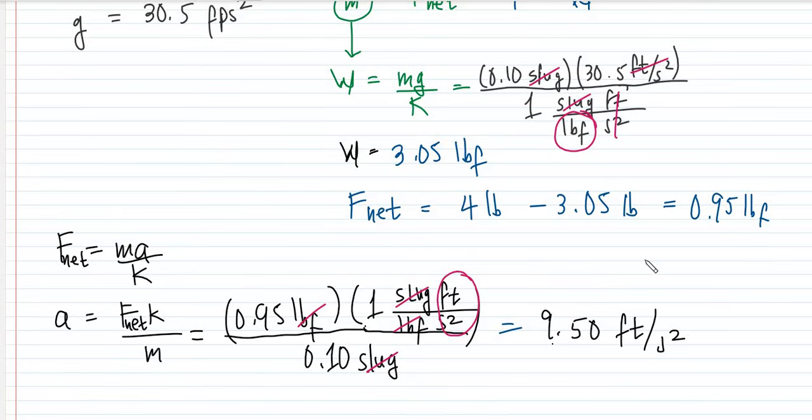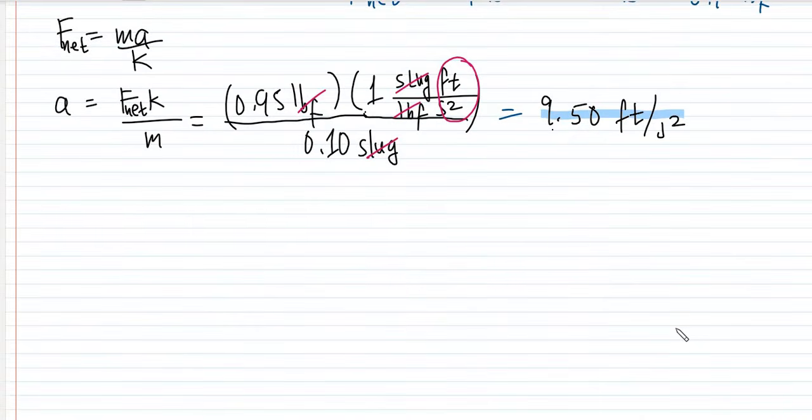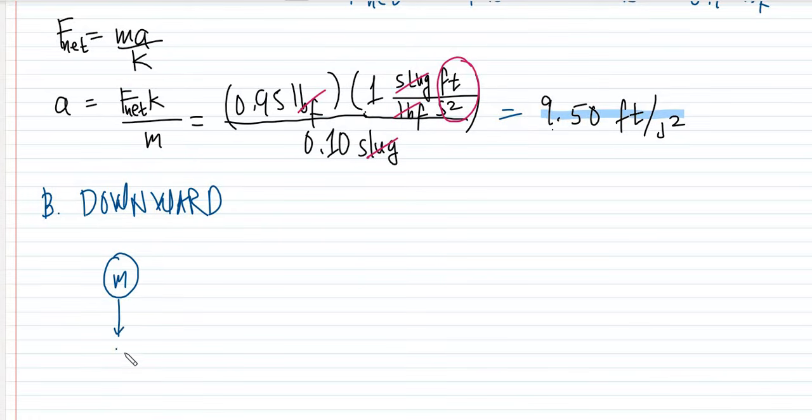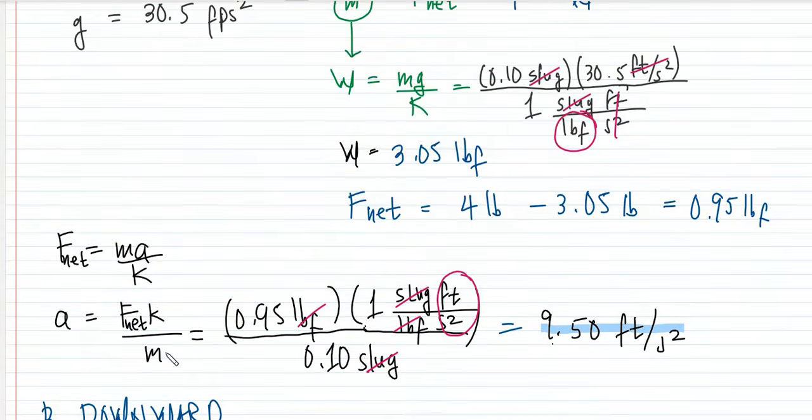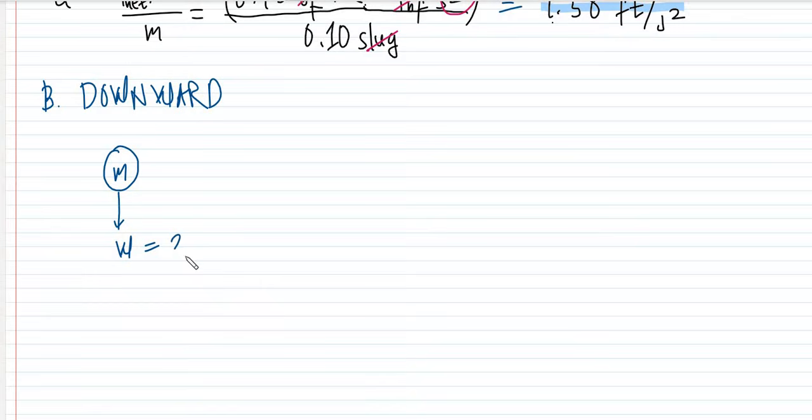If the external force is acting upward, what if the force is acting downward? So that's letter B. If this is my mass, it has a weight, which we have already solved, and our weight is equal to 3.05 pounds.